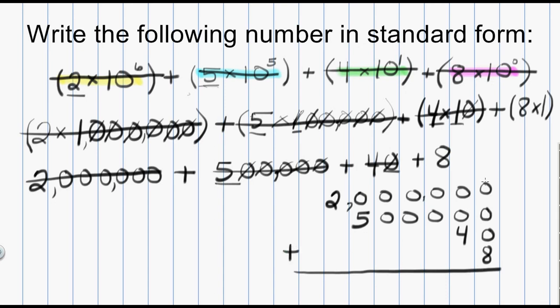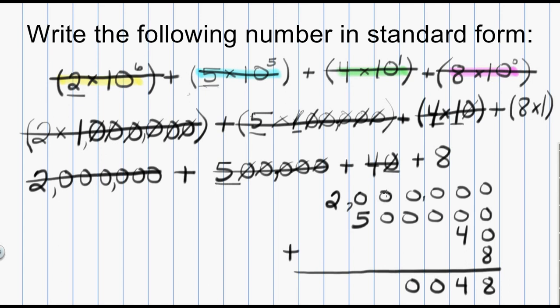And we'll add this up. 0 plus 0 plus 8 is 8. 0, 0, and 4 is 4. And here I've got 0 and 0 is 0. Next column, same thing. 0 plus 0 is 0.